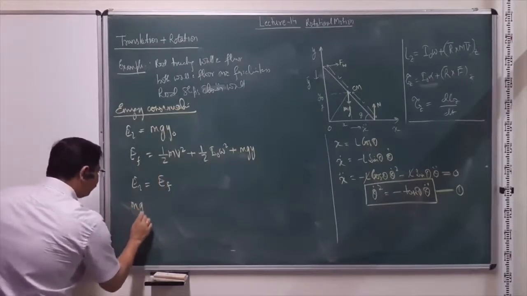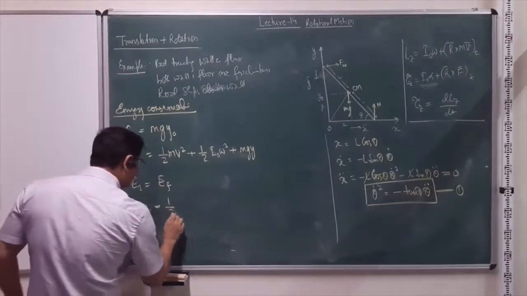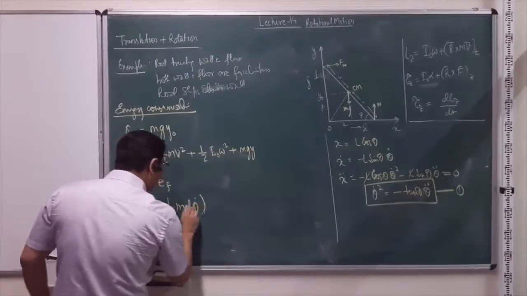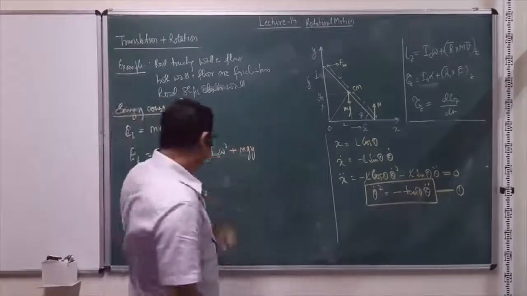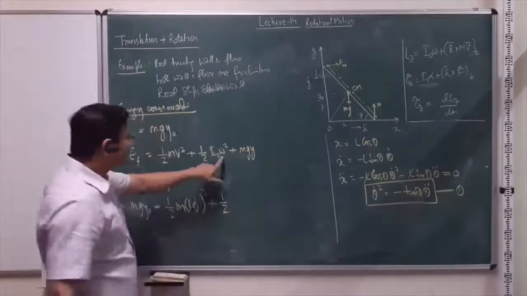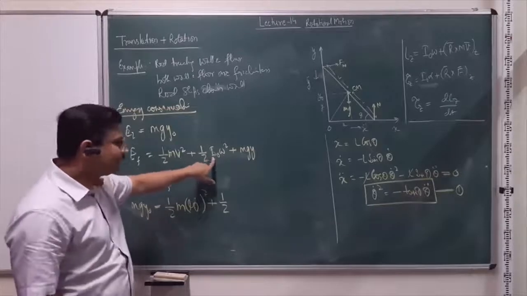So mgy0 is half mv square, half m, where v will be L theta dot for the center of mass, plus half I0 omega square. Omega is simply theta dot. And what is I0?